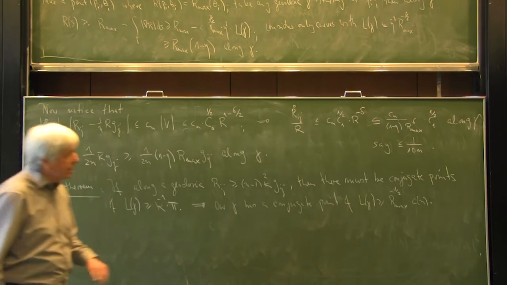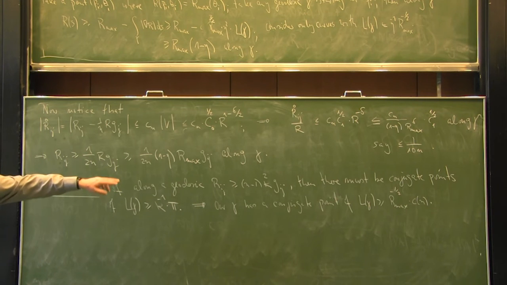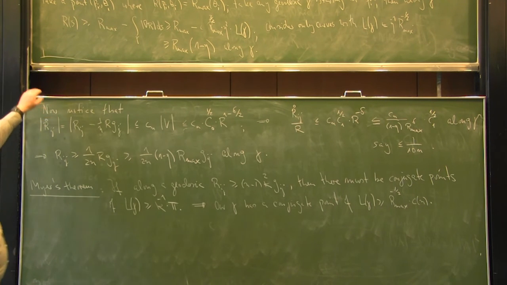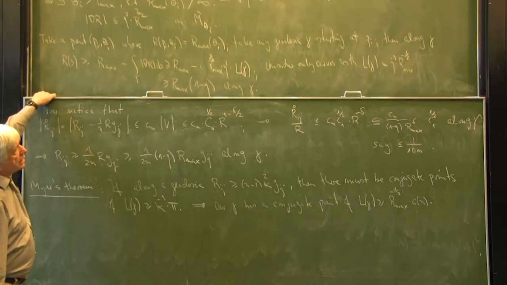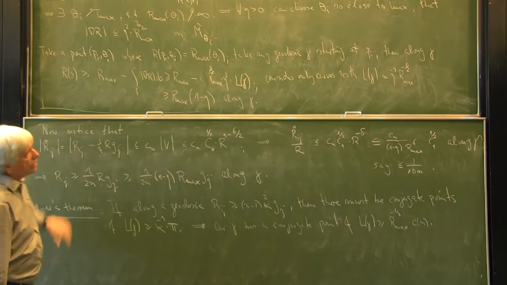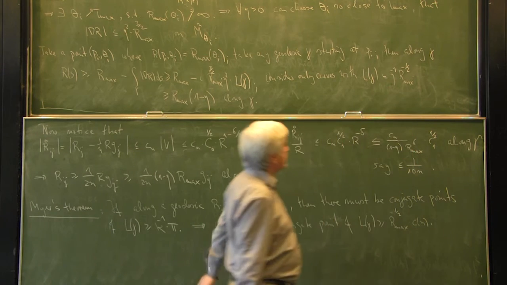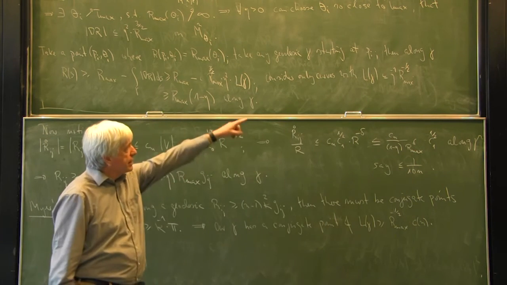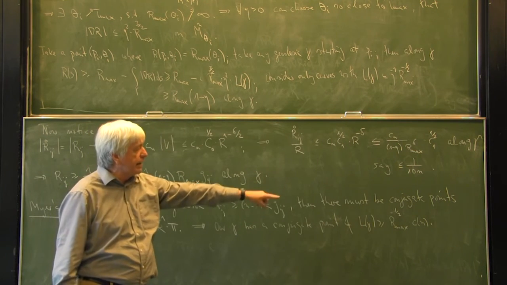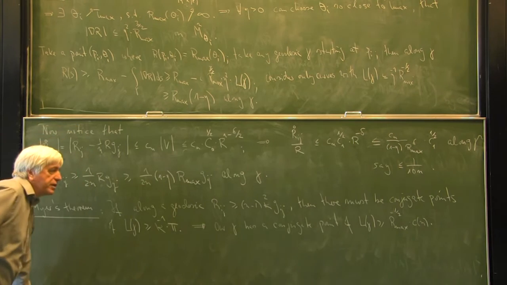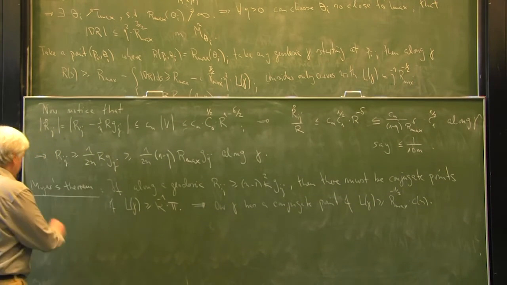But the geodesics that we allow, it's still on this board over here, are much longer. We can now choose the eta so small that we definitely reach that length. So all our geodesics are allowed to be that long.